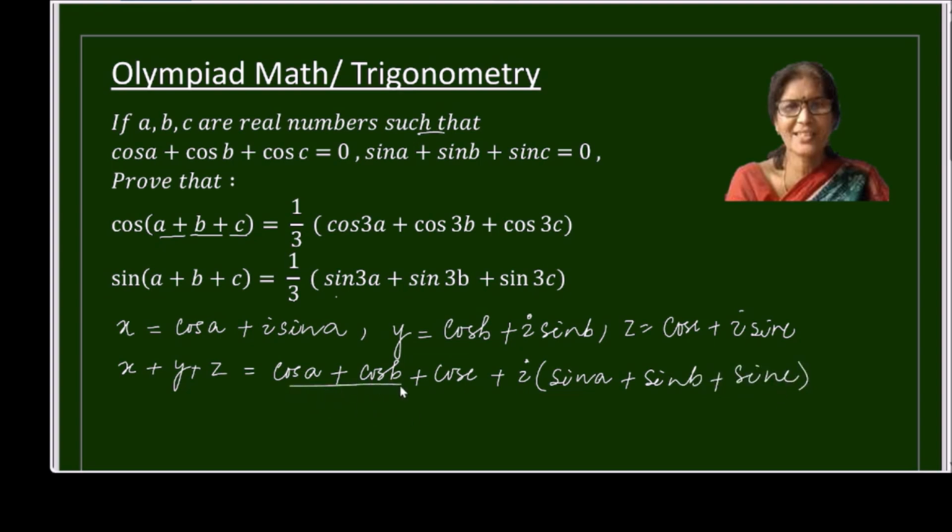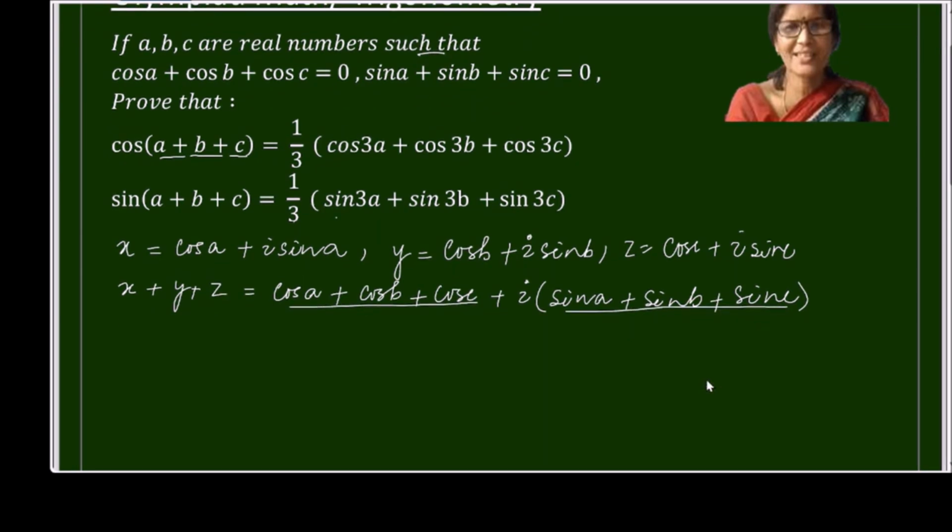Since it is given that cos A plus cos B plus cos C is 0 and sin A plus sin B plus sin C is 0, that means x plus y plus z is equal to 0.